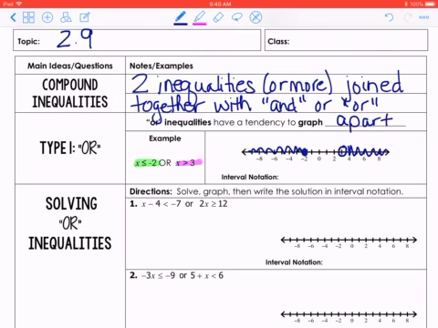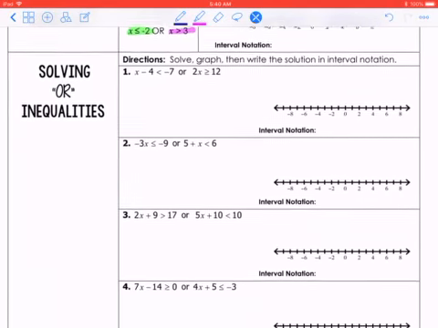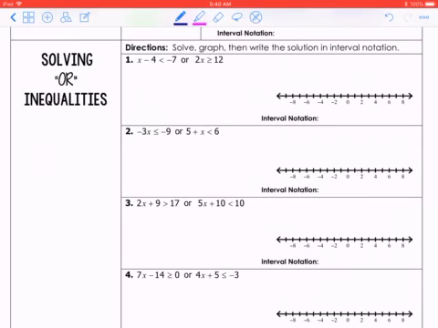So let's do a couple examples. This first one says to solve, graph, then write the solution in interval notation. When you solve, you're actually going to solve both inequalities. So I'm going to solve this inequality first. I'll draw a line down, and to solve, I need to add 4 to both sides. So I have x is less than, and that's going to give me -7 plus 4.